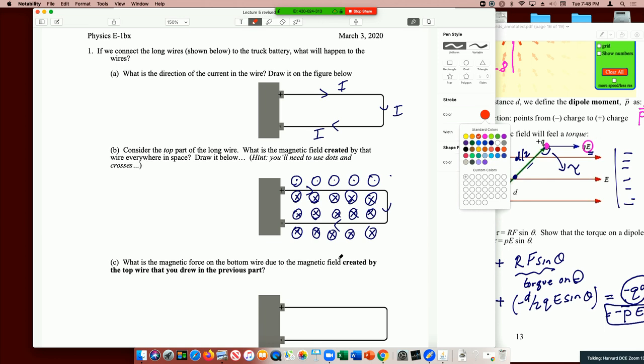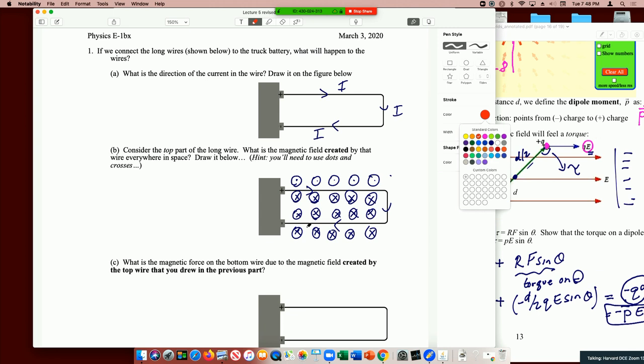So let's see. So I put my fingers. So here, now I have to apply the second right-hand rule to figure this out. So I put my fingers in the direction of the current, which is this direction here, right? So fingers in the direction of the current. It's coming out of the page, right? So I would expect the force to be acting down. Does that make sense?